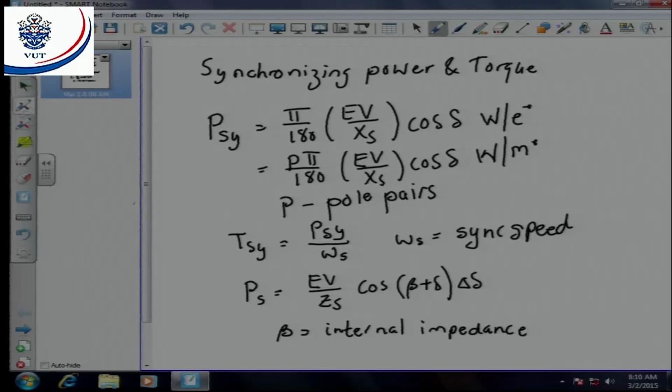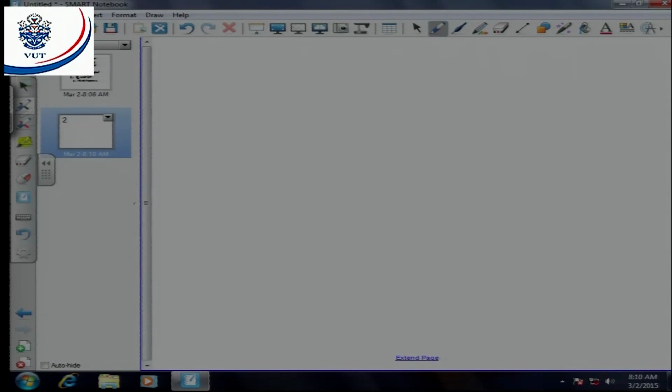Then if we differentiate it with respect to delta, we have EV over ZS sine (beta plus delta).